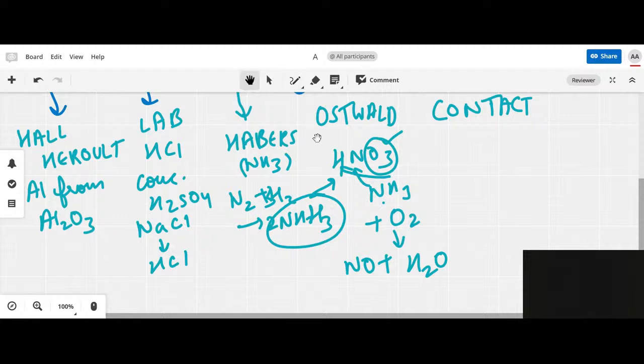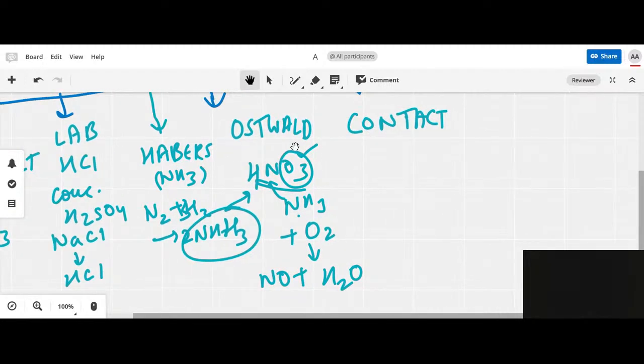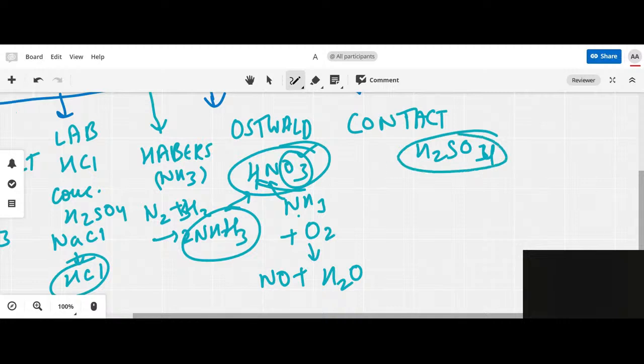Finally, what happens in the contact process? Very important. It's a really beautiful process because I think it is one of the toughest processes that you learn. In the contact process you make H2SO4. This is known as the king of chemicals.